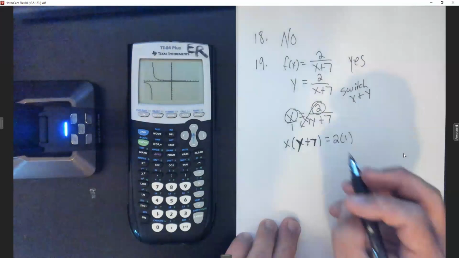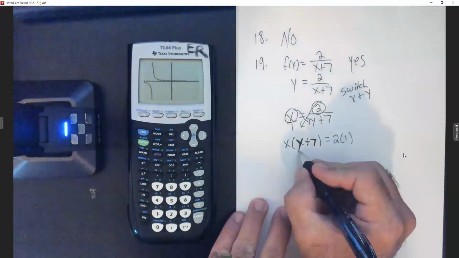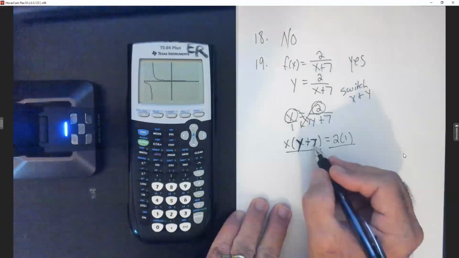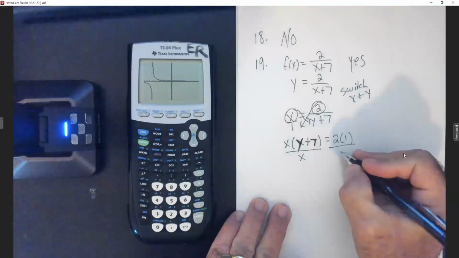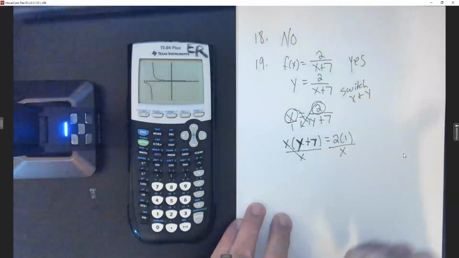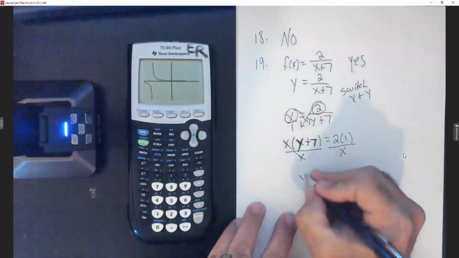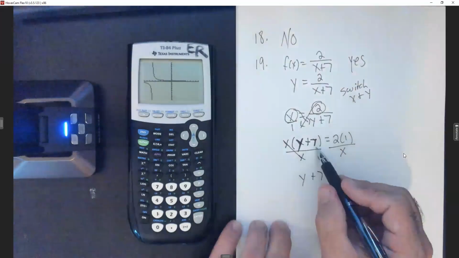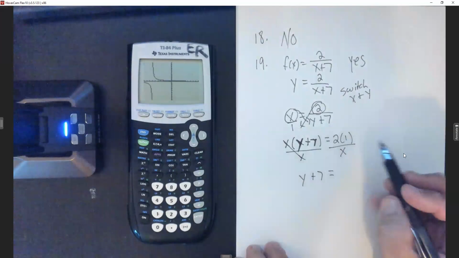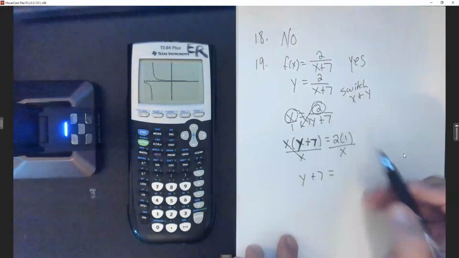But since I'm solving it for that y, instead of multiplying that x through, I'm just going to divide that x on both sides so that the x cancels and I get y plus 7. And since y plus 7 is all that's left, I don't need the parentheses anymore. On the right side, you got 2 times 1 is 2 divided by the x.